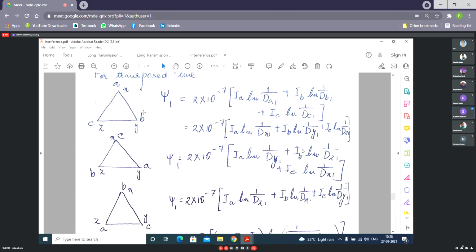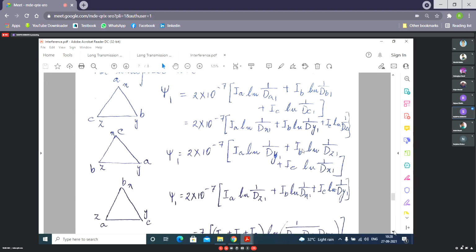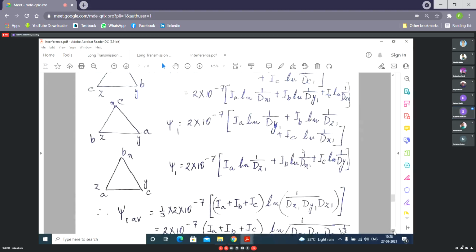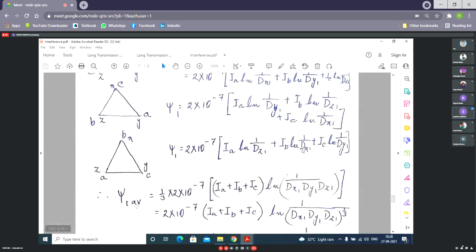So for 3 positions of the power line, we have 3 flux linkages, and to find the average, we have to divide by 3. So this is actually the flux linkage in the first communication line due to the transposed power lines.